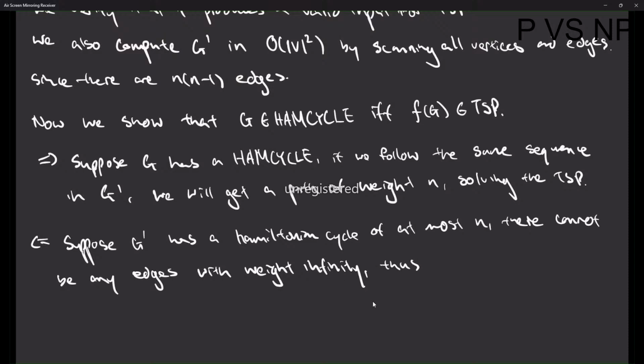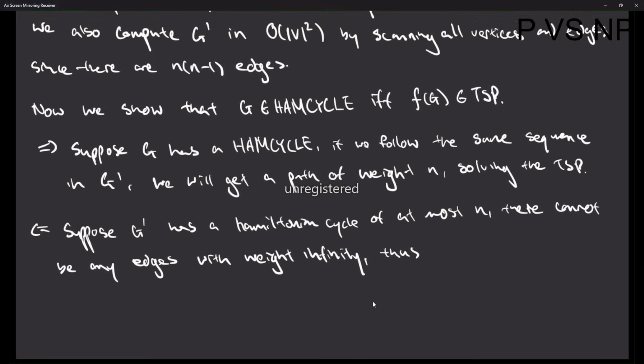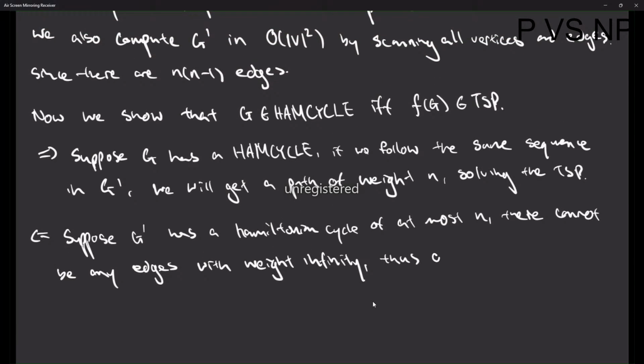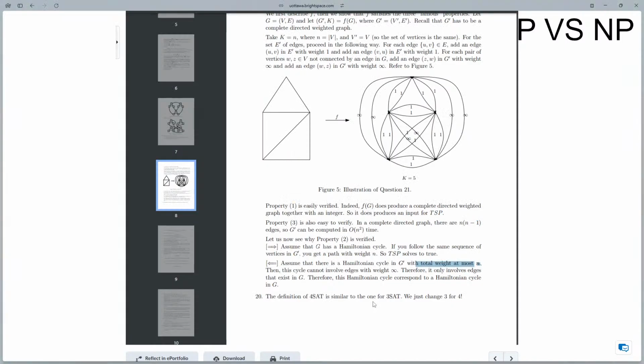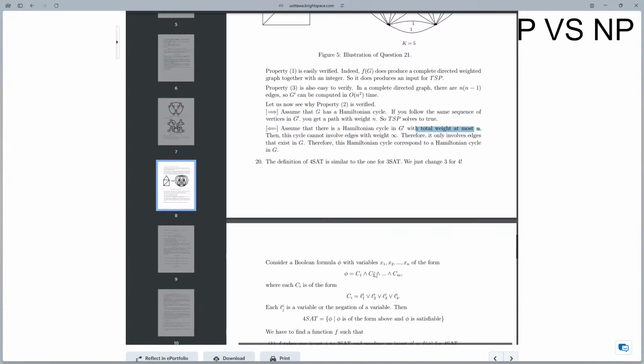Thus all edges are present in G, and we conclude G has a Hamiltonian cycle. Okay.